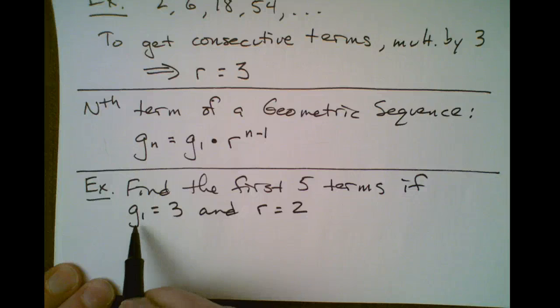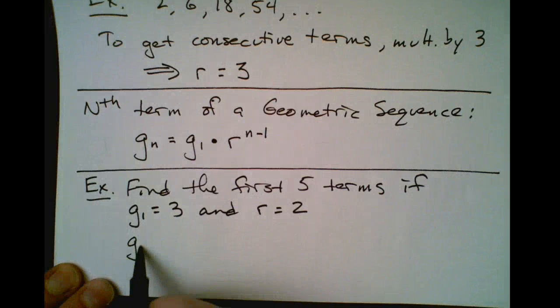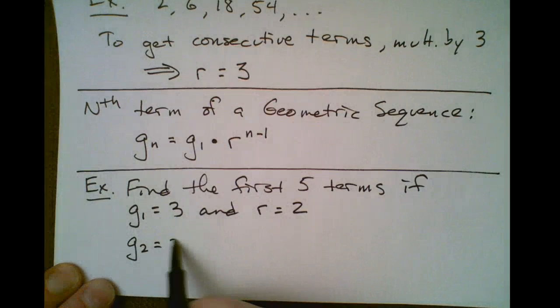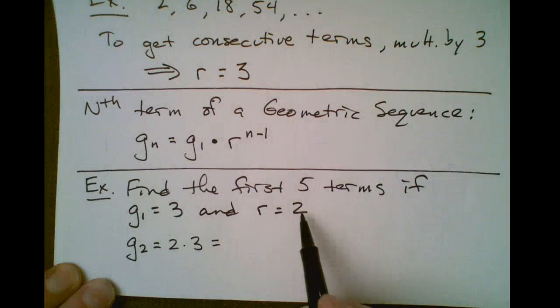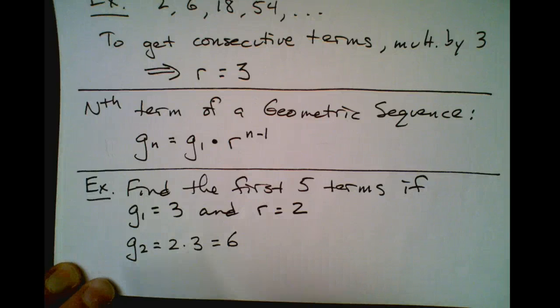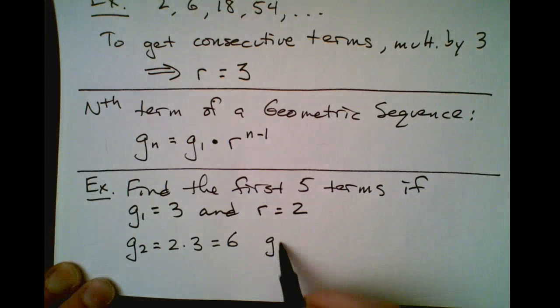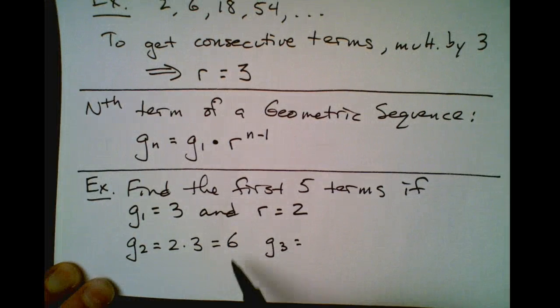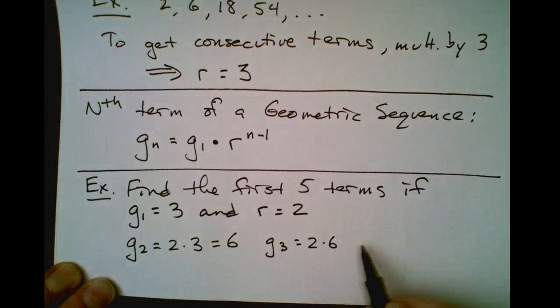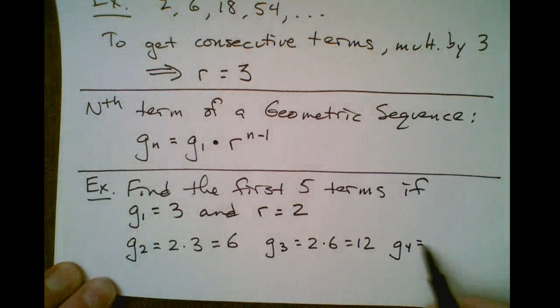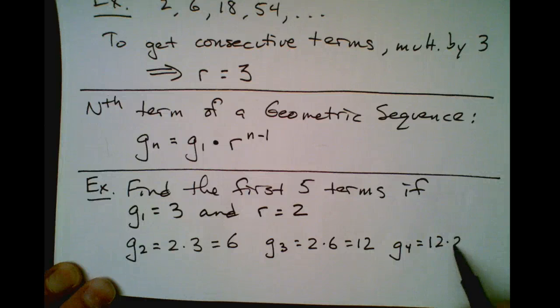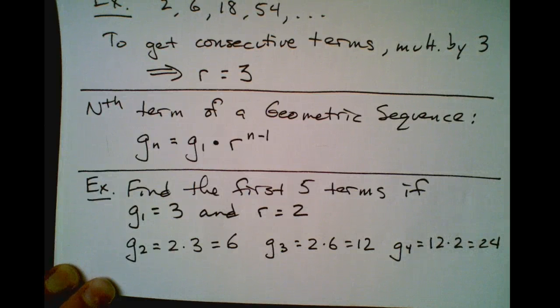So since g sub 1 is 3, g sub 2 is going to be 2 times the first term, because really we're just going to multiply by 2 each time, so that's going to be 6. And then g sub 3 is going to be the second term times 2, so 2 times 6, so that's 12. And g sub 4 is going to be 12 times 2, 24.